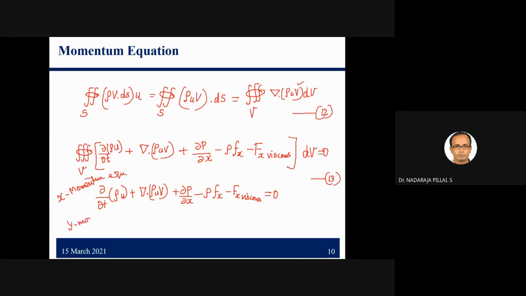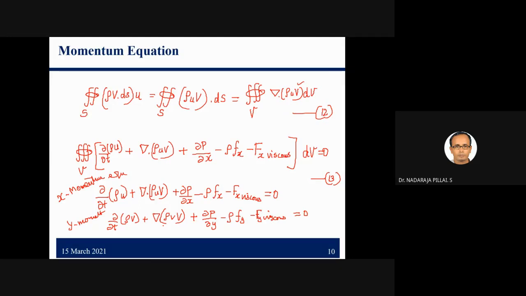Similarly, the y momentum equation will become ∂/∂t of (ρv) plus ∇·(ρvV) plus ∂p/∂y minus ρfy minus fy viscous equal to 0. Similarly, the z momentum equation we can also write, right?